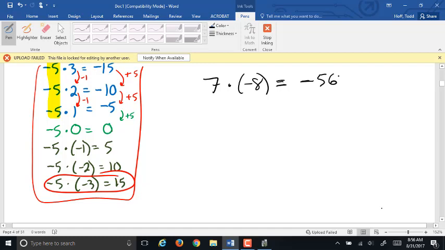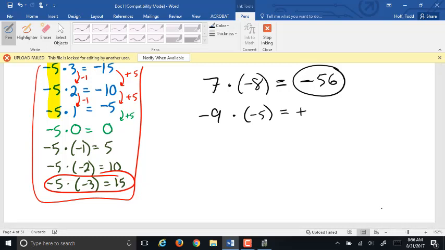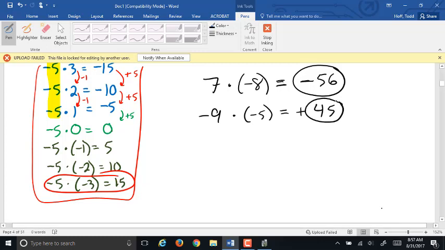So 7 times negative 8 is a negative 56. Negative 9 times a negative 5. Positive or negative? Positive. As we saw, anytime a negative is multiplied by another negative, the result does have to be positive. What is 9 times 5? 45. So that is a positive 45 or just 45.